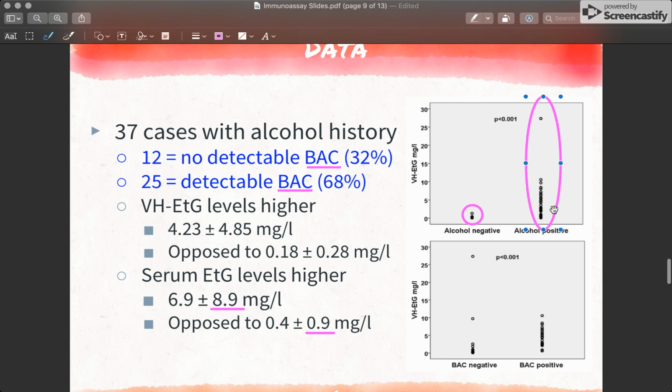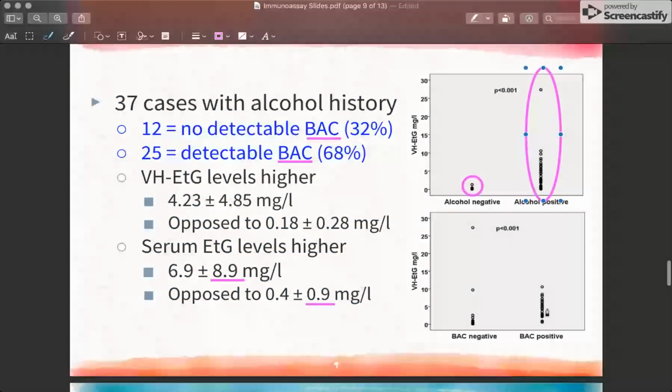On the bottom graph here, you see the VH-ETG levels compared to the blood alcohol content results. So for the blood alcohol content negative, those 12 that were blood alcohol content negative, plus the ones that were blood alcohol content negative without an alcohol history, we see that they had pretty low VH-ETG levels here, but then we also have a couple, maybe outliers, but maybe just different points here that are a little bit higher.